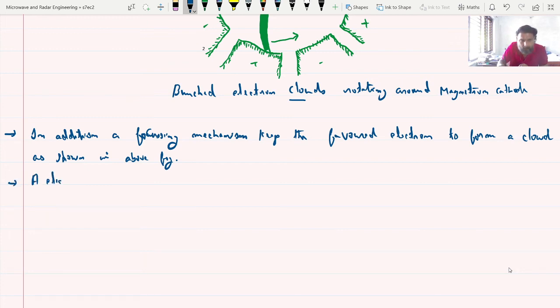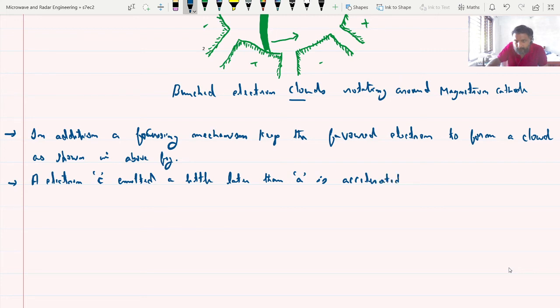Electron C emitted a little later than electron A, that is accelerated by the field and catches up with the electron A.